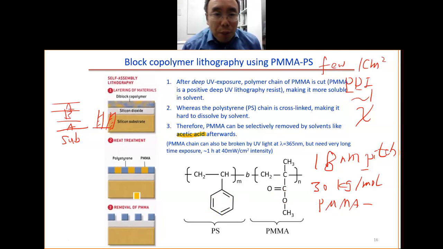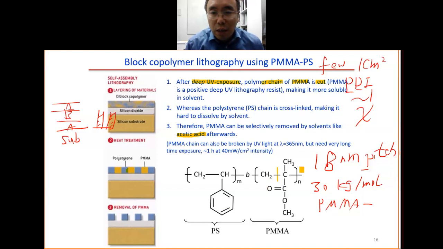This will not work directly, because between polystyrene and PMMA you have a chemical bond. You cannot remove one block and leave behind the other block. But what we can do is deep UV exposure, that means you shine deep UV light. The PMMA is a positive resist, so the chain will be cut.